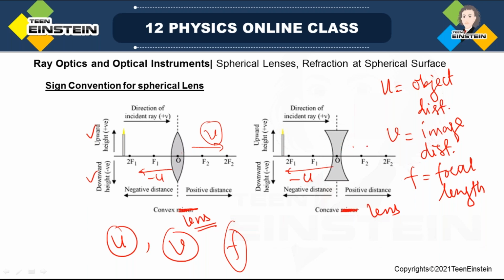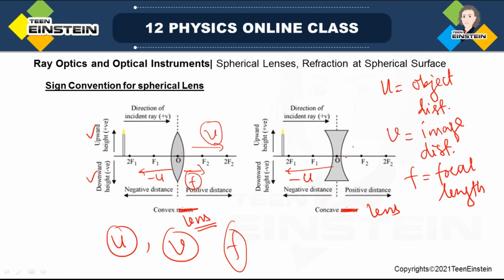If the images are formed on the right hand side, you'll get a positive sign. Focal length in this case is positive, it is real.